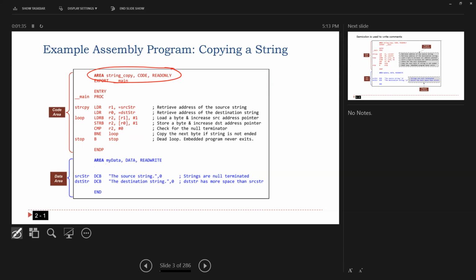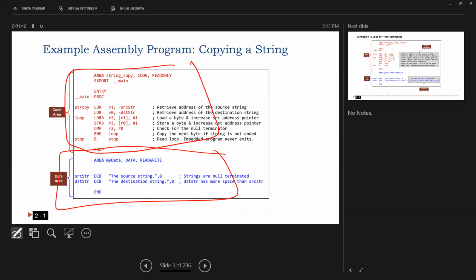In the code area, all your instructions have to be here. Your program should have code for sure, but in some programs you may not have data.